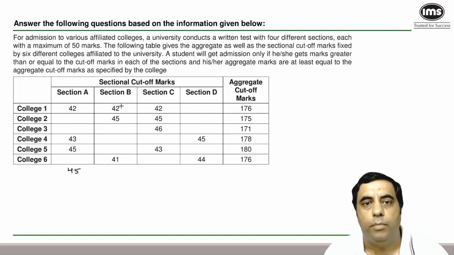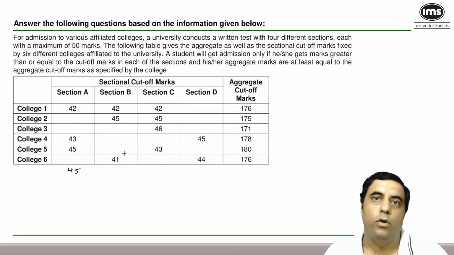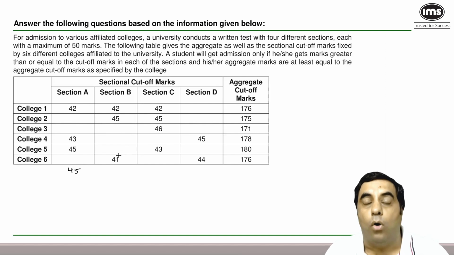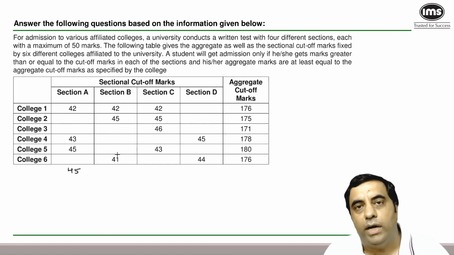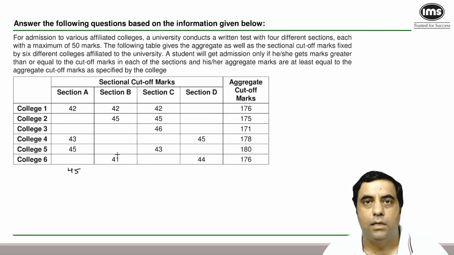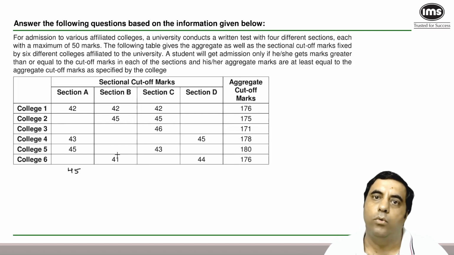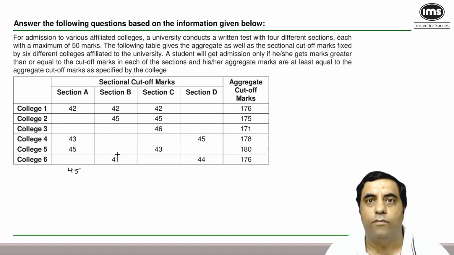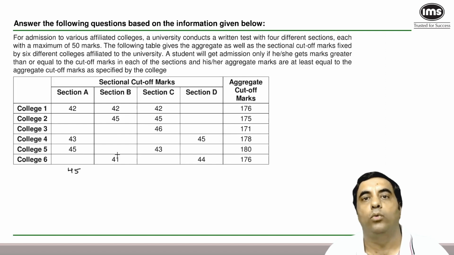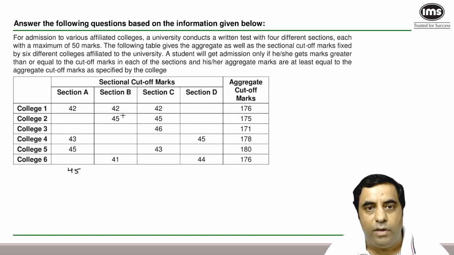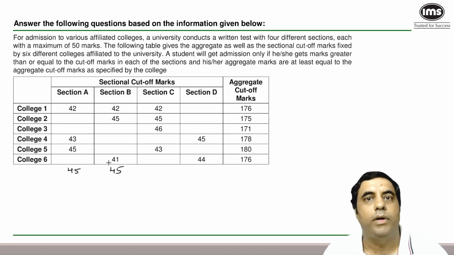Similarly, when you talk about section B, there's a cutoff for colleges 1, 2, and 6. So in order to get a call from all the colleges, we need a score equal to or more than the cutoff, right? Since we are looking for the minimum score, we'll look at the minimum score in section B. So we need 45 here also, otherwise college 2 is out of the picture.